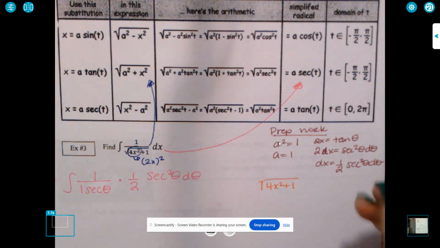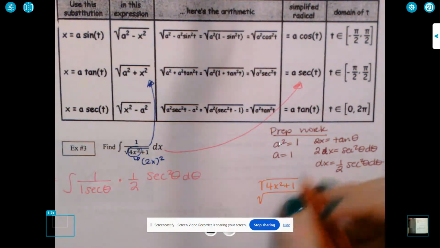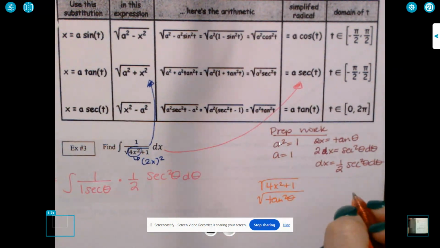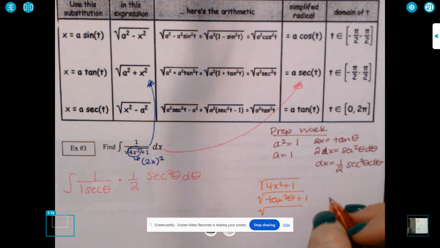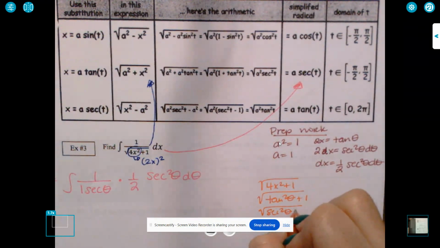Okay, and 4x squared for us is going to be tangent squared theta plus 1, which came into secant squared theta minus 1 plus 1.